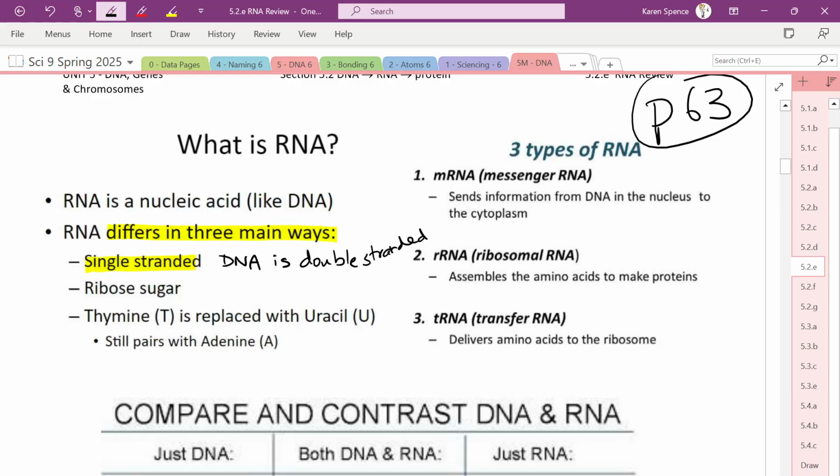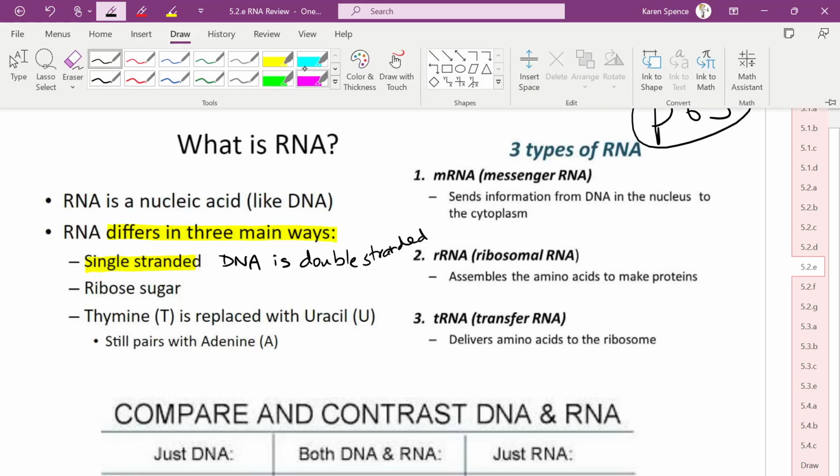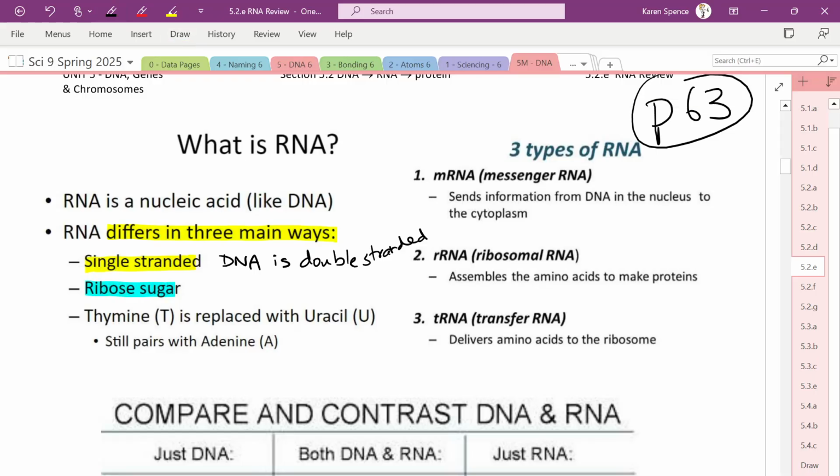If RNA has, yes? Can I go on? Yes. Thank you. We're on page 63. If RNA has ribose sugar, DNA has deoxyribose sugar.